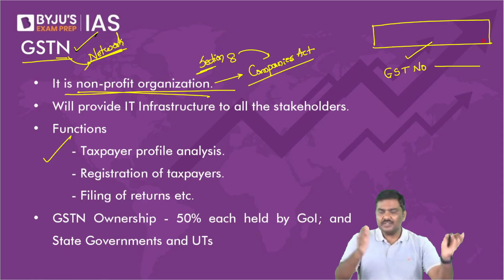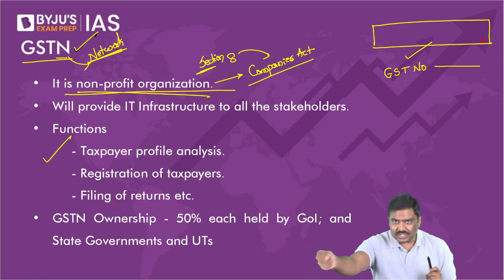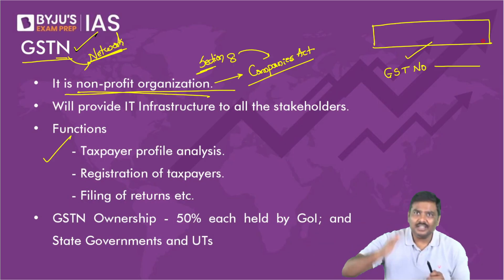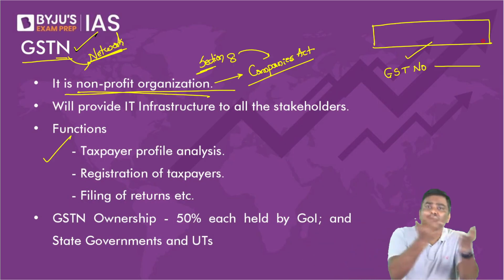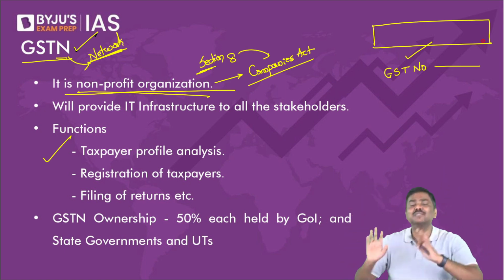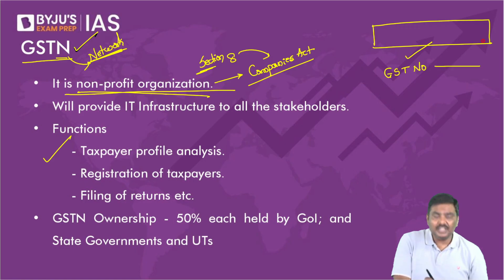Which businesses will get registered under GST? What should be their GST registration number? How should they file the documents with the government of India? Conducting analysis of the taxpayers. All of this function is conducted by GST network.